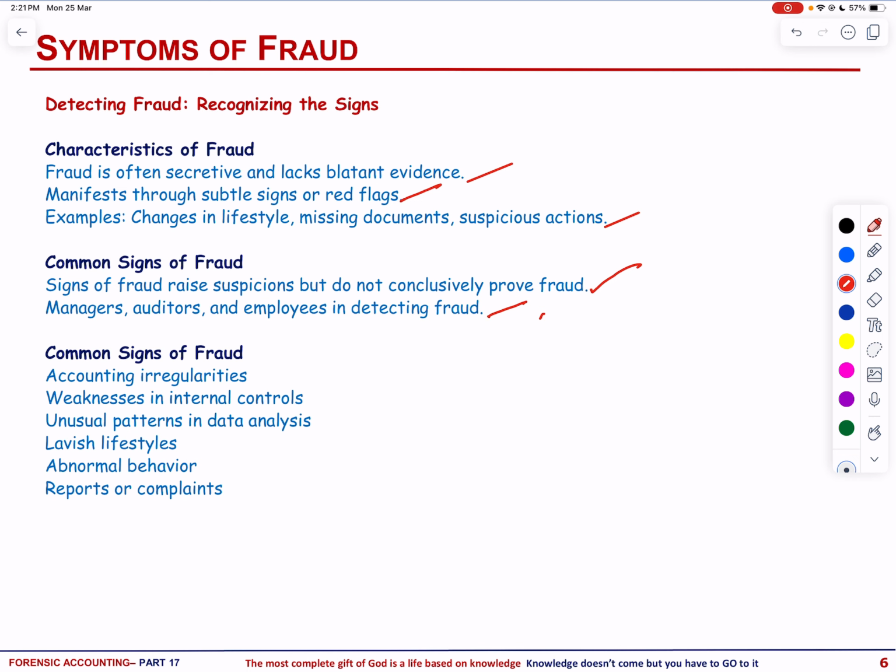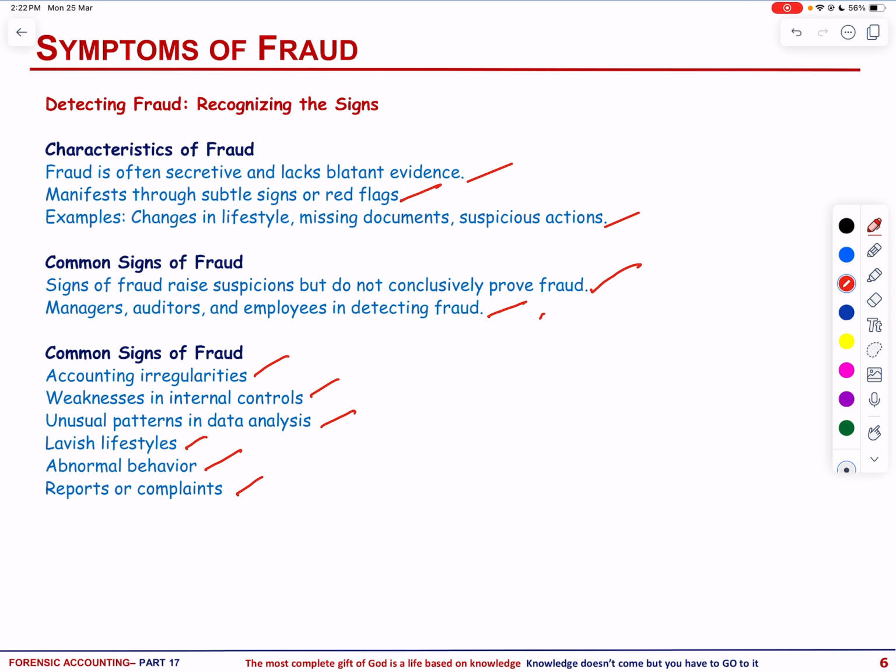These signs of fraud fall into six categories: accounting irregularities, weaknesses in internal controls, unusual patterns in data analysis, lavish lifestyles, abnormal behavior, and reports or complaints. These indicators act as warning signals, prompting further inquiry to uncover potential fraudulent activities.